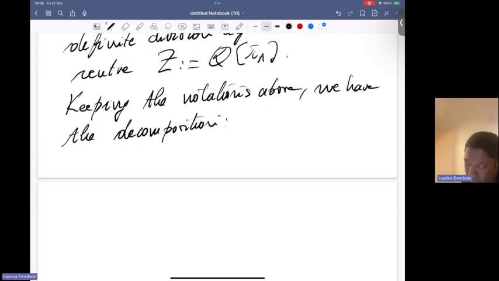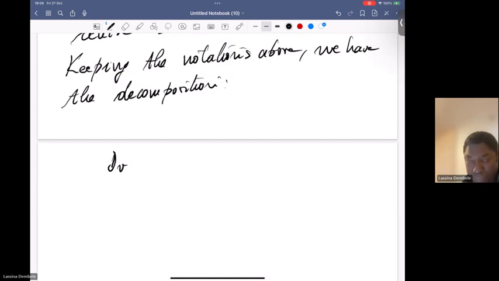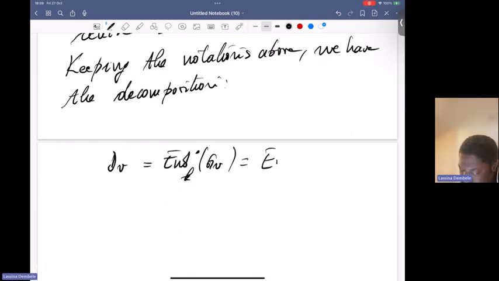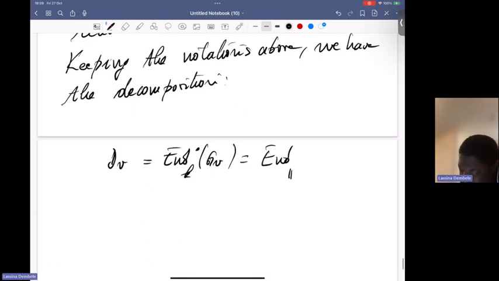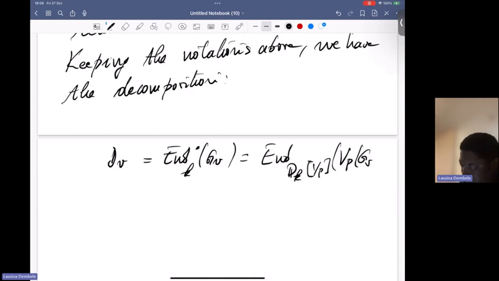So we know that D_v, which is the endomorphism ring of this p-divisible group, is the same as the endomorphism ring of this Tate module, the opposite, because we are dealing with a functor which is contravariant.